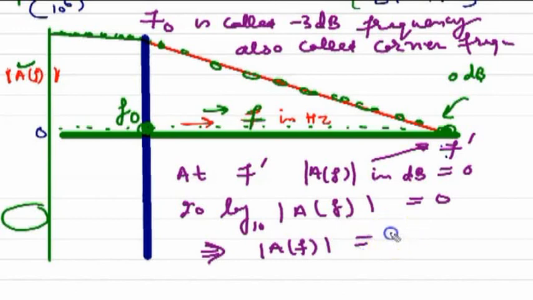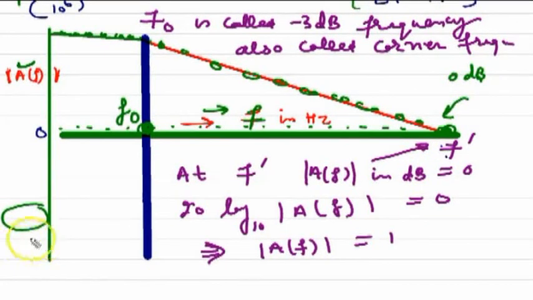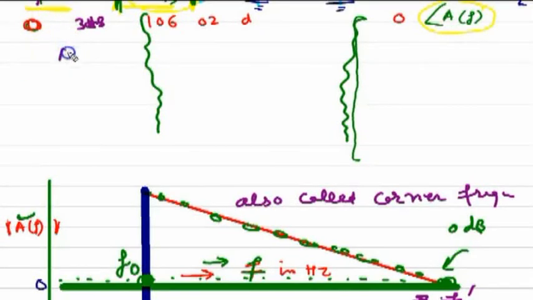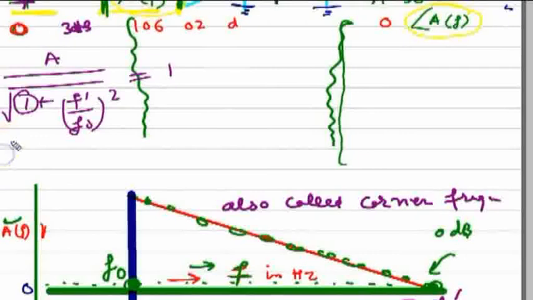Now we find the value of F dash by substituting the value of the magnitude of AF. What is AF? We know very well. AF in magnitude is A upon the square root of 1 plus (F dash over F naught) whole squared. Now it is equal to 1. Just solving this expression, 1 is negligible because F dash is very, very high.